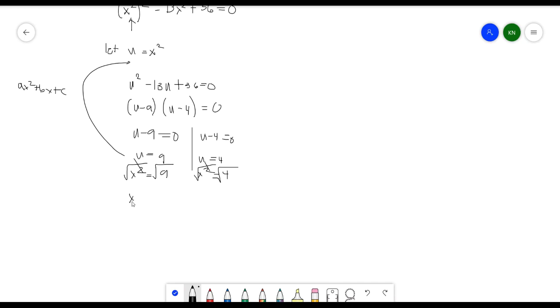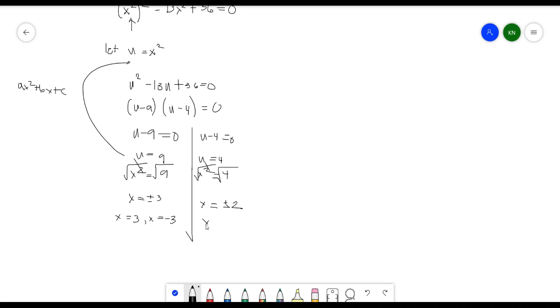So we have x is equivalent to positive, negative square root of 9, which is 3, right? So we have x equal to positive 3, and we also have x equal to negative 3. And for the other side, we also have x equivalent to positive, negative square root of 4, which is 2.